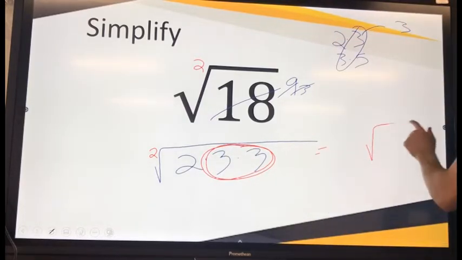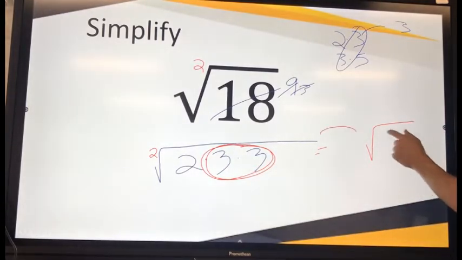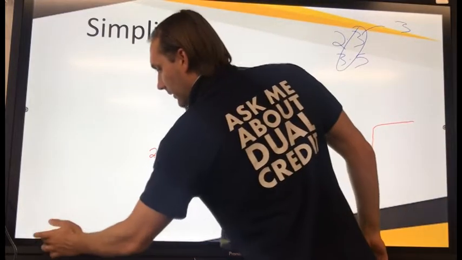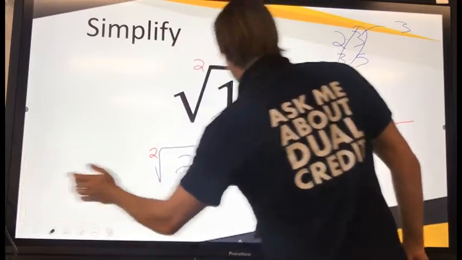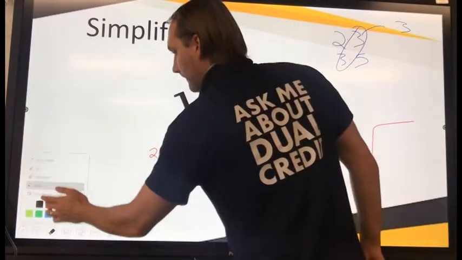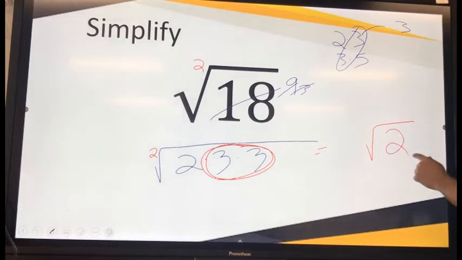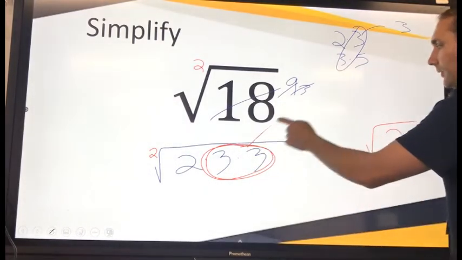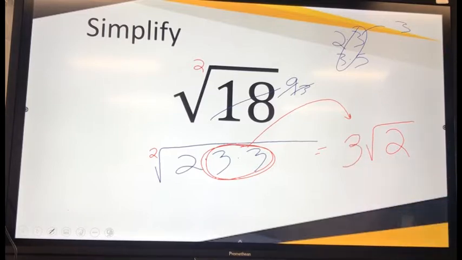And now let me rewrite my radical. What did I not circle? The 2. I didn't circle a 2, so I'm going to keep 2 inside. And what I did circle was a pair of 3s, so I'm just going to take out a 3.